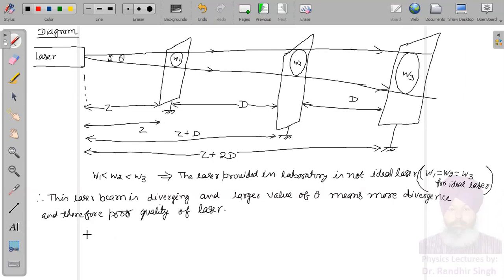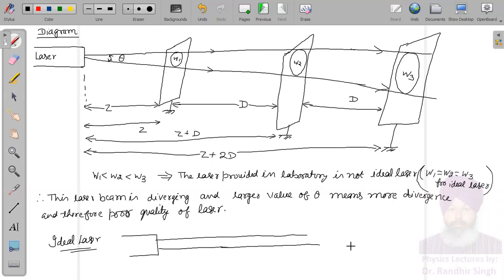Actually, if we had an ideal laser, in case of an ideal laser, the light beam should be like this. Means there will be no divergence.